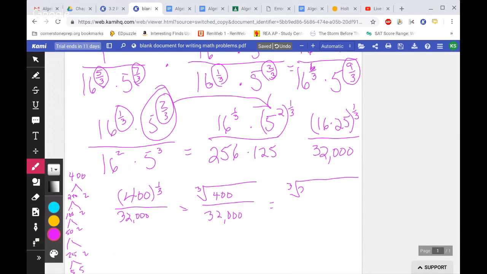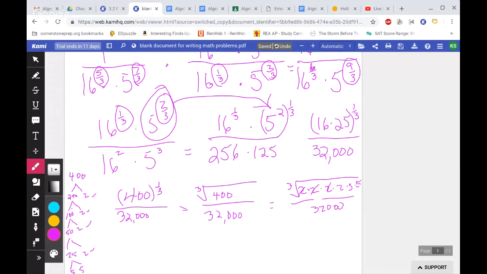So I've got 2 times 2 times 2 times 2. Did I get them all? 1, 2, 3, 4. Yep. Times 5 times 5. All over 32,000. So I'm looking at sets of 3. So what can I take out?